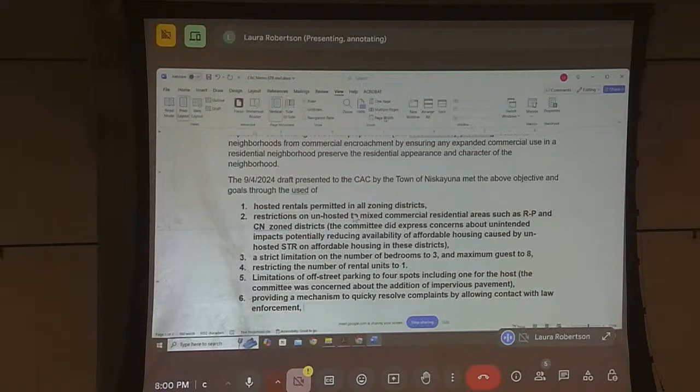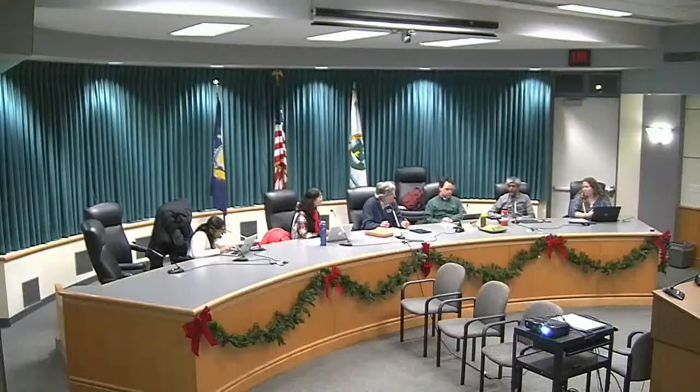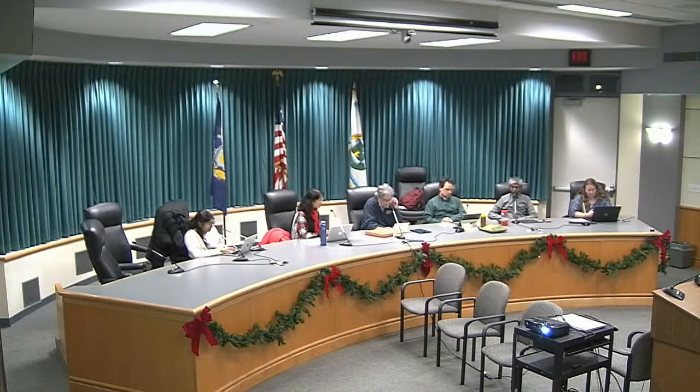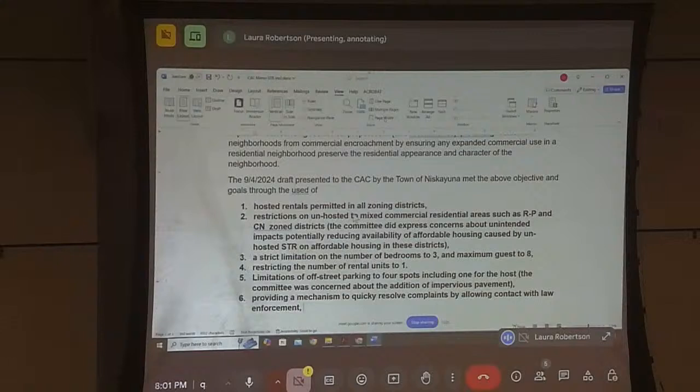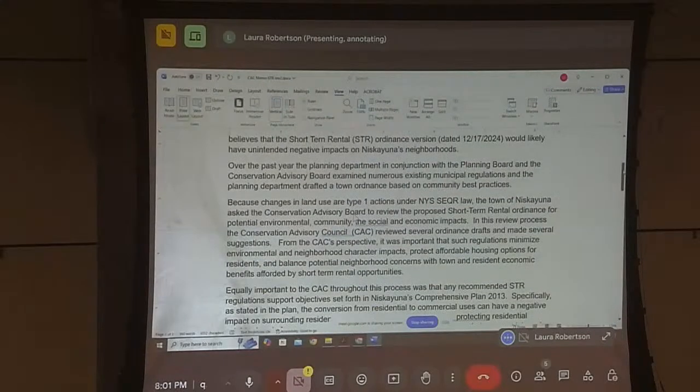Let me finish the memo part, and then I think it would be discussed, because I think I addressed a lot of concerns. Okay. So after this introductory area, and saying that best practices were used by the planning department for the Niskayuna ordinance, I'll just read it because I think it's going to be smoother. Because changes in land use are type 1 actions under SEQR law, the town of Niskayuna asked the Conservation Board to review the proposed short-term rental ordinance for potential environmental, community, social, and economic impacts.